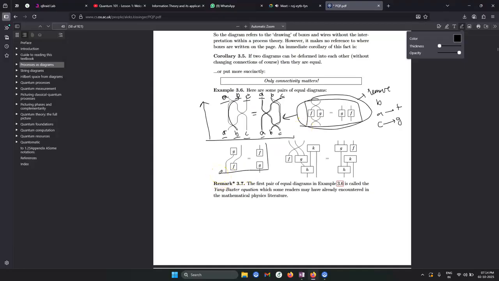Similarly, we have this. Basically, I am allowed to move my box along this line over here, and I can get its position over here. Similarly, I'm allowed to move these boxes over here to get this equivalent diagram.